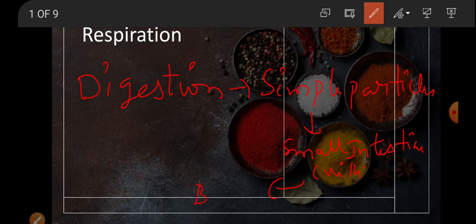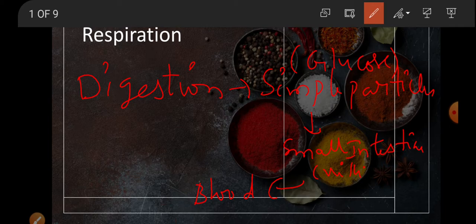And from the blood, the simple food material, especially glucose, because in the nutrition in animals lesson you read that instant energy comes from glucose. Glucose and fats are the two food substances which can give us energy.